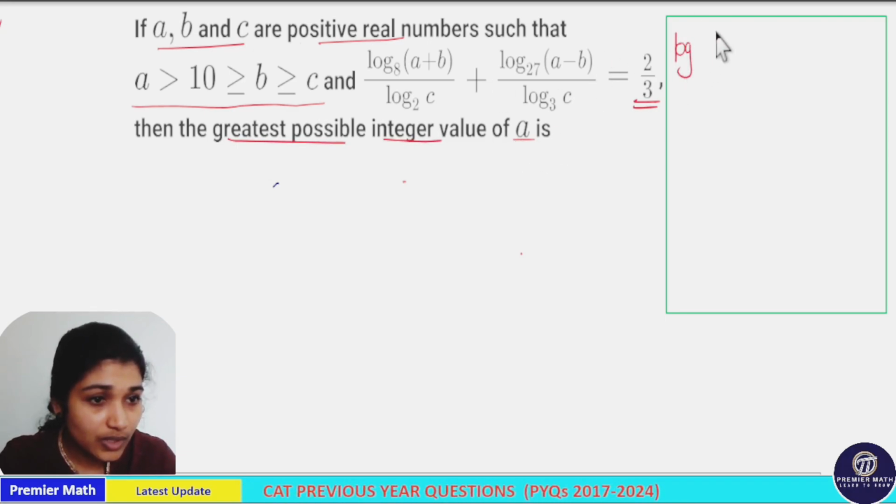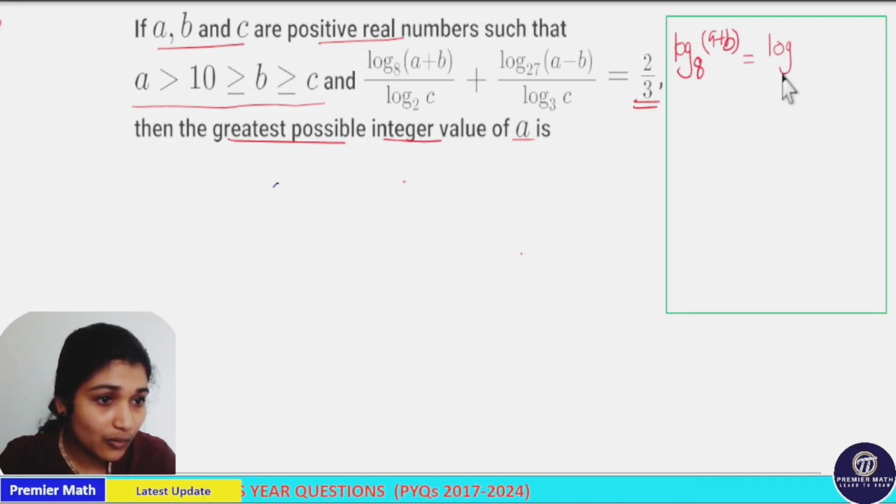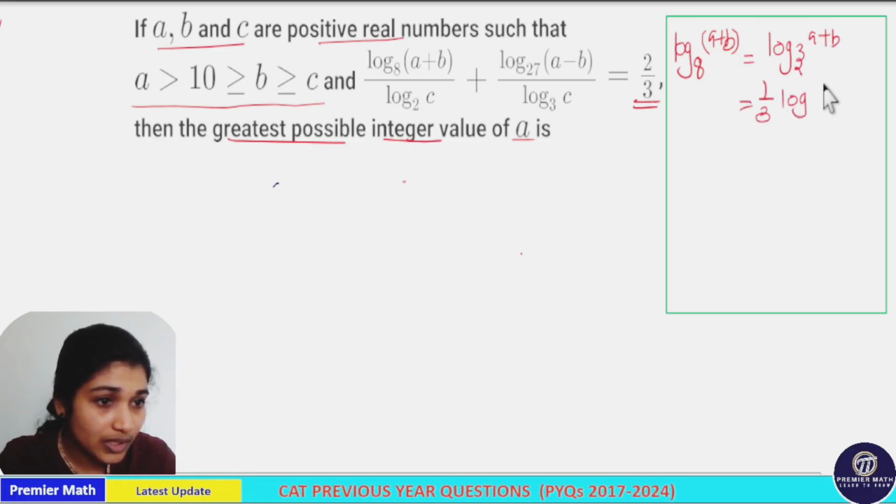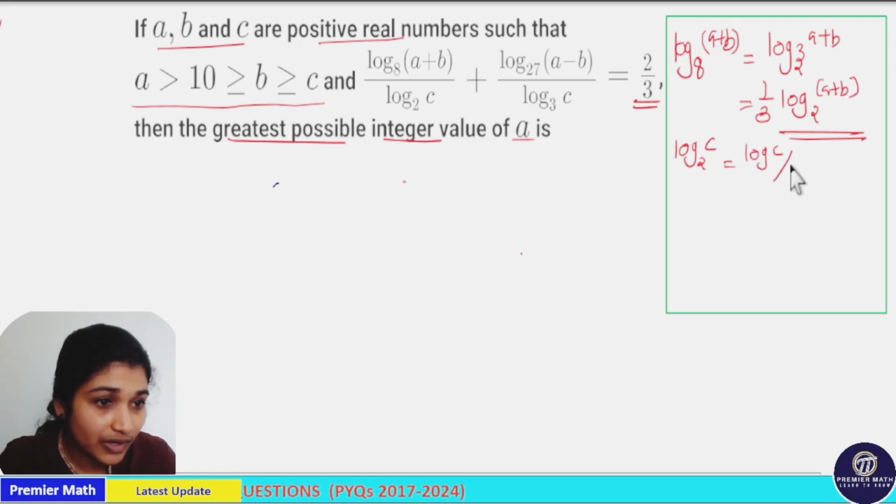Here, log A plus B to the base 8, I can write it as log A plus B to the base 2 cube. So this will become 1 by 3 log A plus B to the base 2. Now log C to the base 2, I can write it as log C divided by log 2.